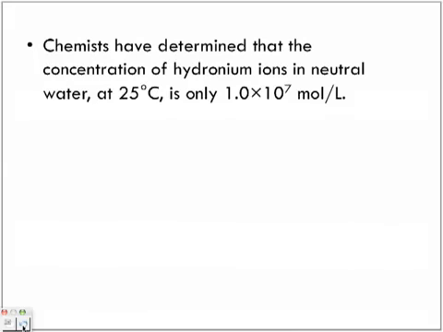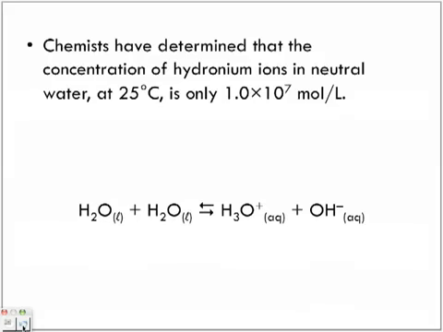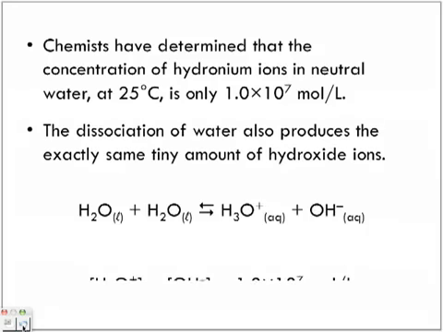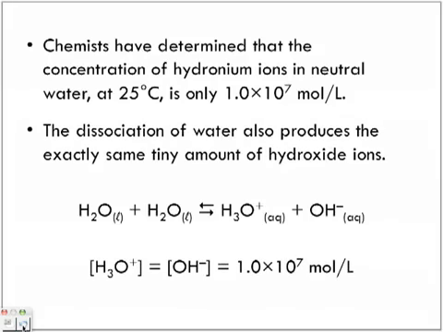Chemists have determined that the concentration of hydronium ions in neutral water at 25 degrees Celsius is only 1.0 times 10 to the power of negative 7 moles per liter. So that is the typical concentration of the hydronium ion in pure water. Here we have those 2 water molecules in a billion that will dissociate as such. The dissociation of water also produces the exact same tiny amount of hydroxide ions.